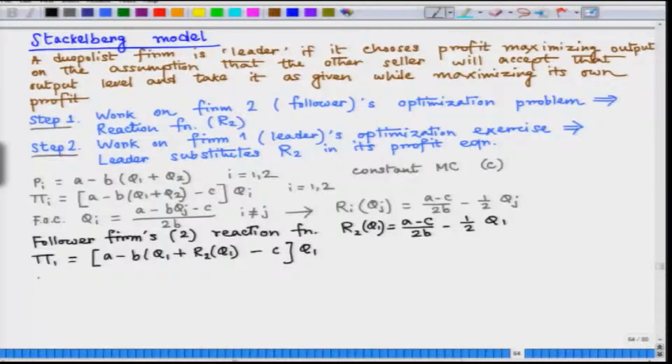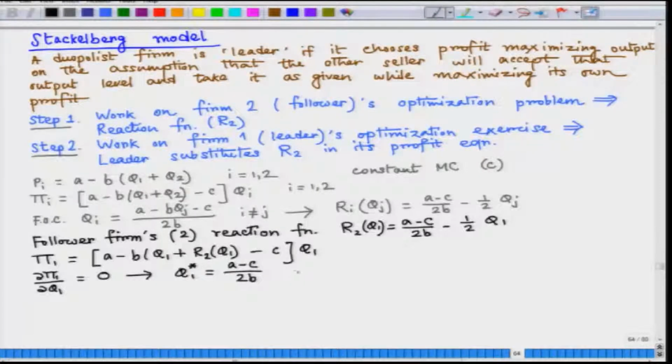So, now it is simple. Firm 1 has to find the first order condition for profit maximization, and it will set it to 0, and then that will basically give the output level Q1 star, the profit maximizing output level for the Stackelberg leader firm, as this.